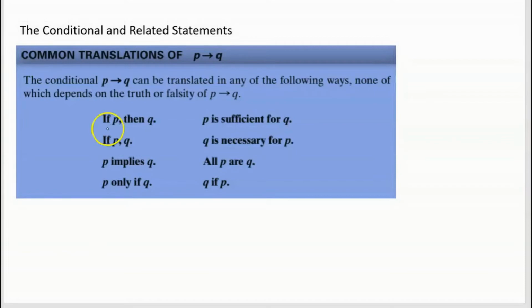You've got your clear ones, if P, then Q. If P, Q. We've run into that a lot. P implies Q. P only if Q. Those are a challenge to me. I'm going to go ahead and throw that out there. P is sufficient for Q. Q is necessary for P. All P are Q. That's kind of like our vegetable story, right?